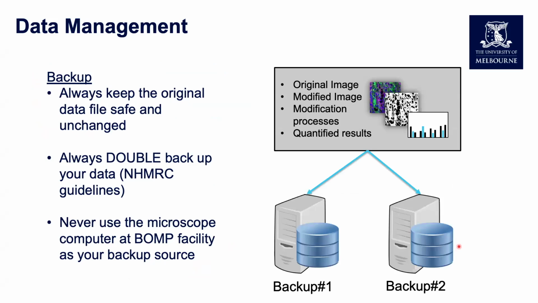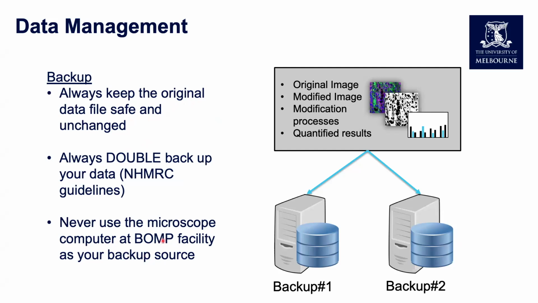Last thing is to think about data management. It's often a requirement of your funding bodies that your data is kept for a certain period of time, and it should be doubly backed up. So you should have some form of disaster recovery. So always keep the original file safe and unchanged. Within our facility, we ask that you don't use the acquisition computer as a backup storage space.